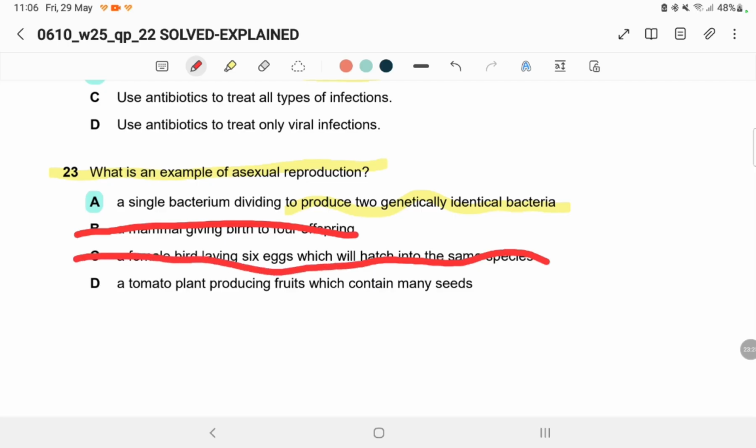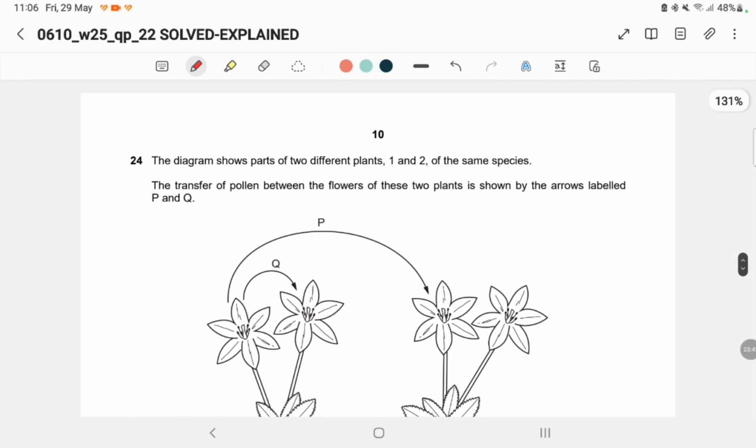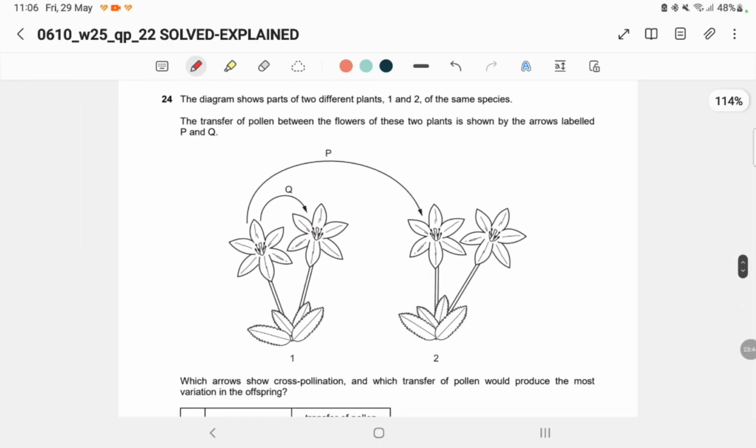They would be the same species, but you need to remember that a bird uses sexual reproduction. A tomato plant producing fruits which may contain seeds, no, not at all, because here we use cross-pollination and not the fact of asexual or sexual reproduction at all. I mean self-pollination or cross-pollination.